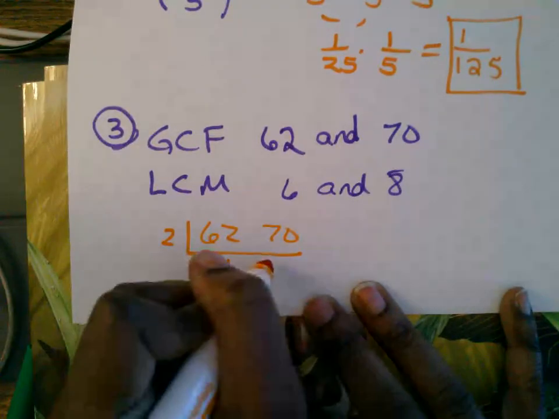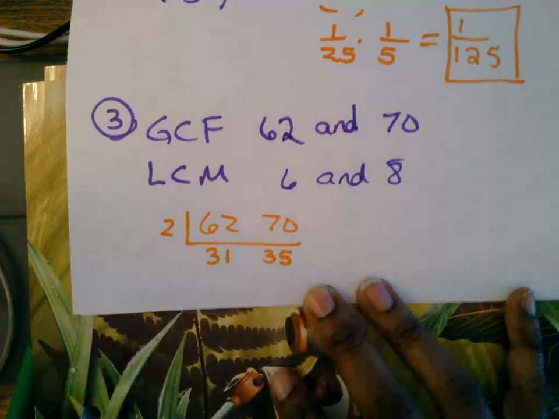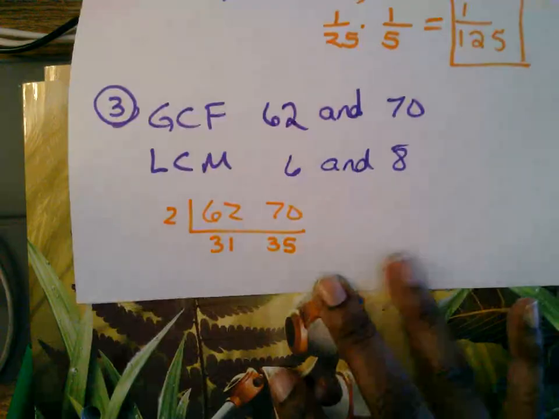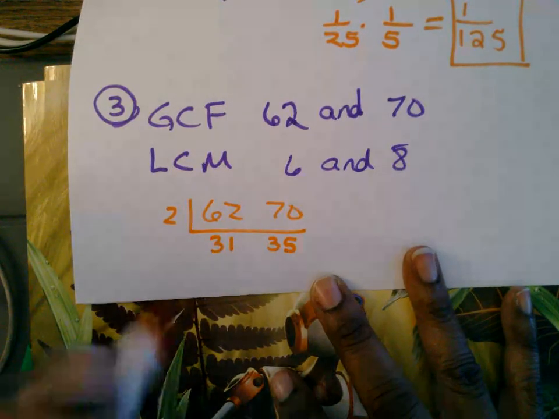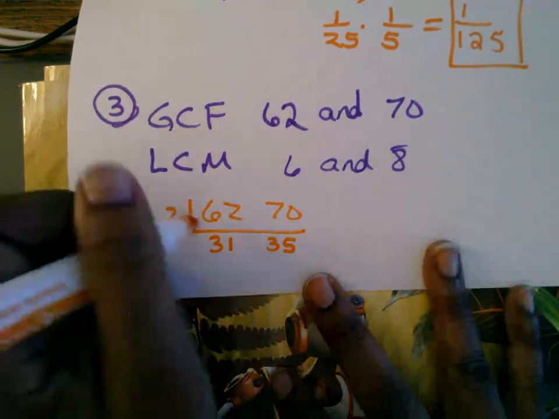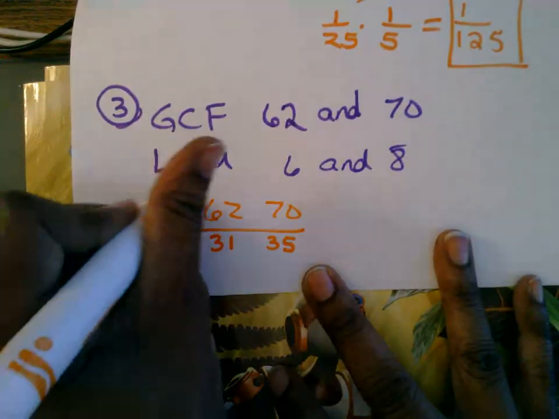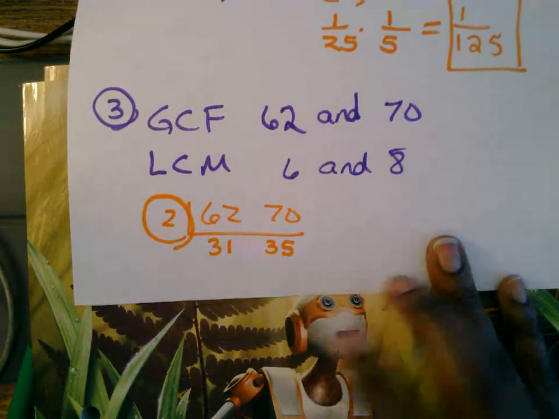And that'll give me 31 and 35. Now, did I divide those two numbers correctly? Yes or no? All right, so then the greatest common factor looks like it's going to be 2.